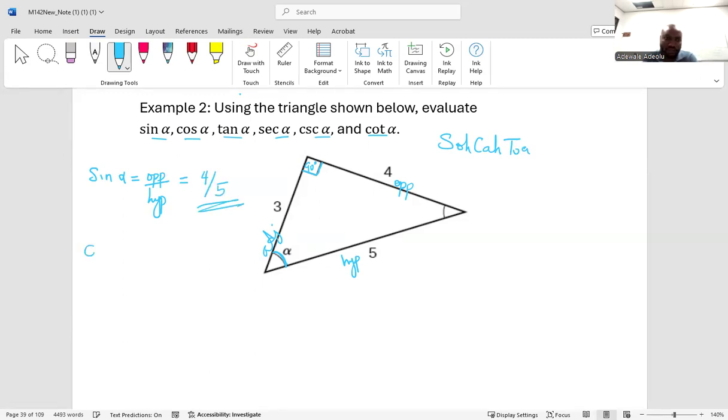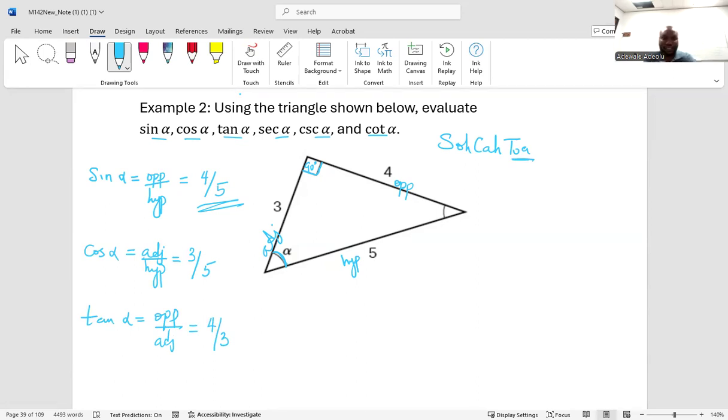Cosine of alpha is adjacent over hypotenuse, which in this case is 3 over 5. Tangent of alpha is opposite over adjacent, which is 4 over 3.